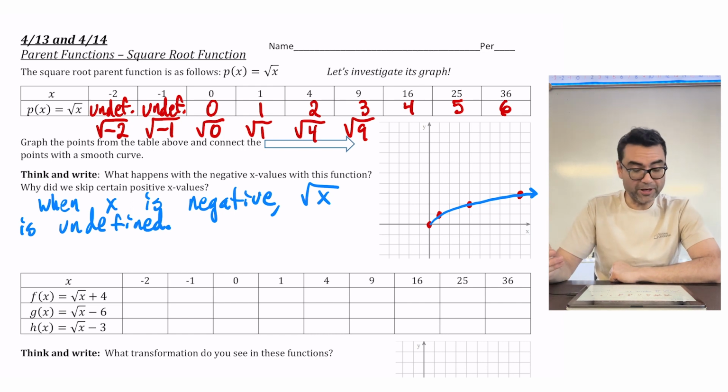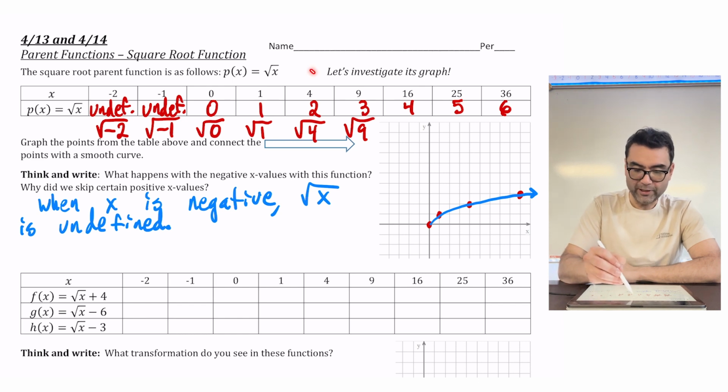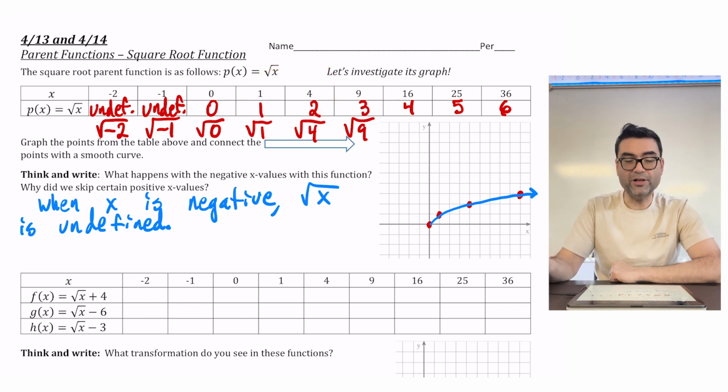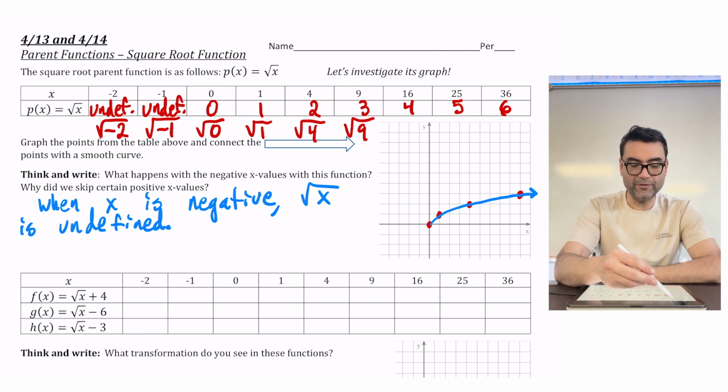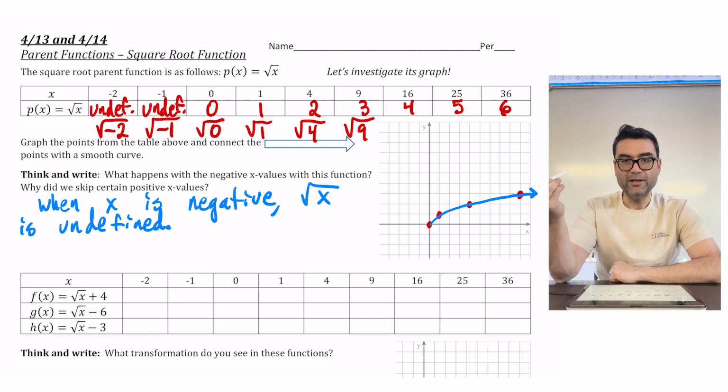And to address the second question, why did we skip certain positive x values? Well, if you can see here in my table, in between here and here, I jumped from 1 to 4. And the reason why I jumped from 1 to 4 is because the square root of 2 is an irrational number, so it's a decimal, like 1.4 something. So I only wanted to address the values that we could graph that are nice.